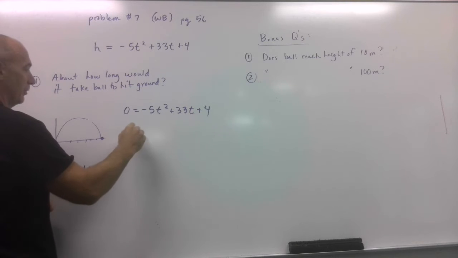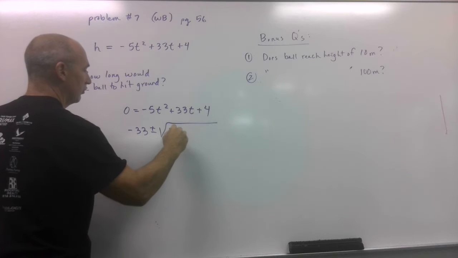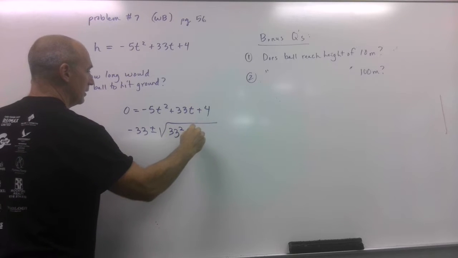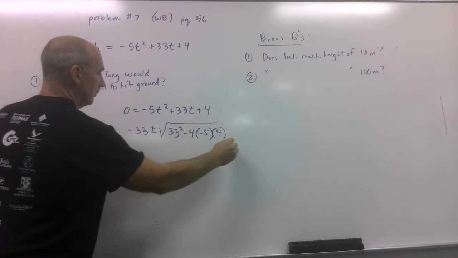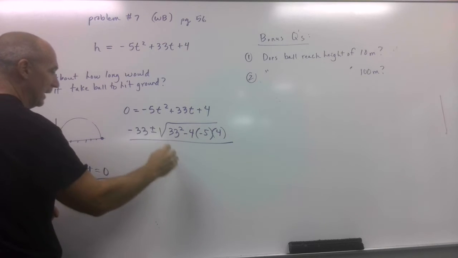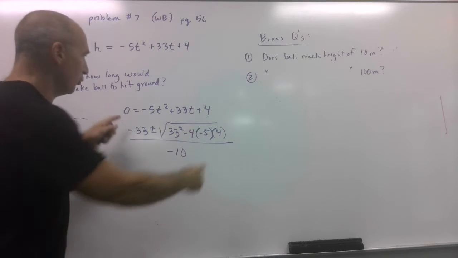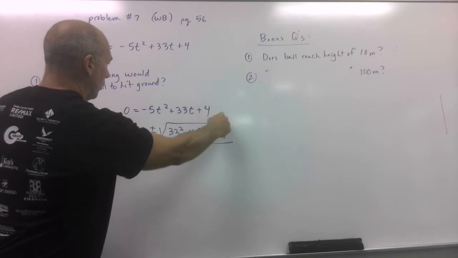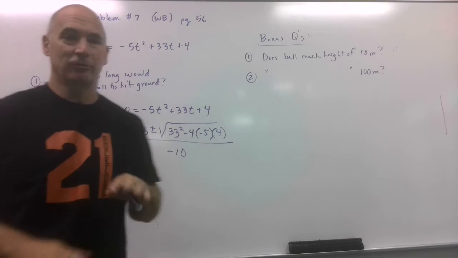So here it comes, negative b plus or minus the square root of b squared, that's going to be a little nasty, minus 4 times a times c all over 2a, which is negative 10. Just so you know, you could multiply this all by a negative 1, and that will change everything, but you'll still get the same answer, so don't worry about that.